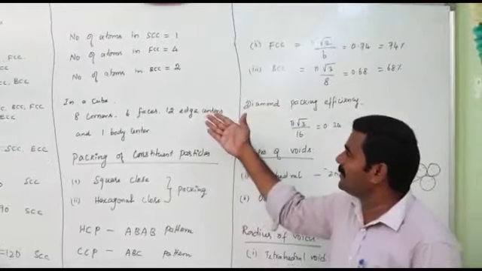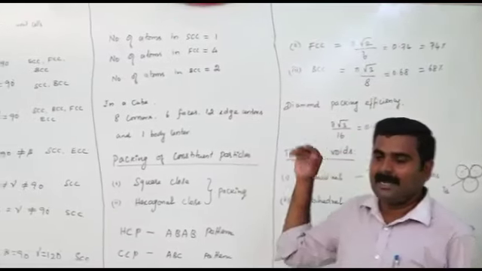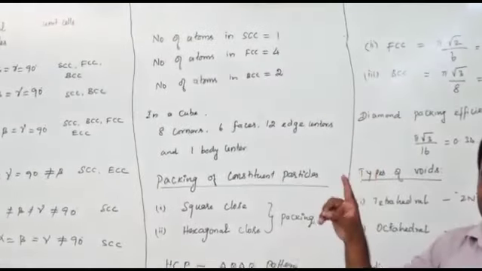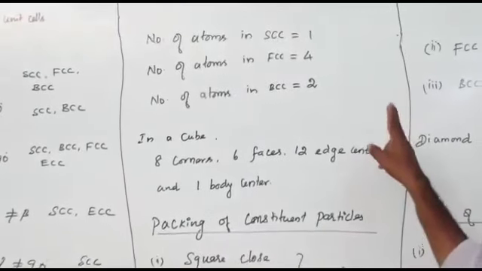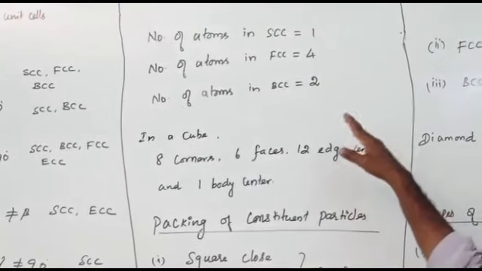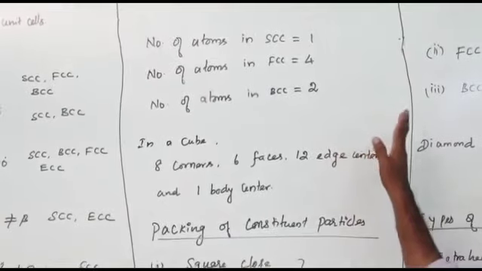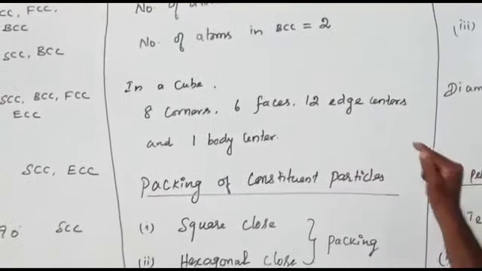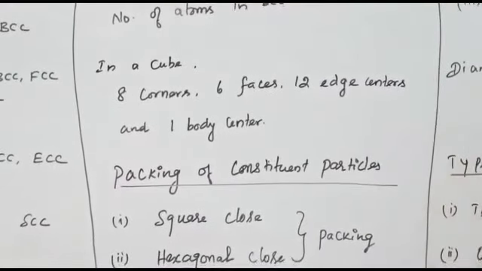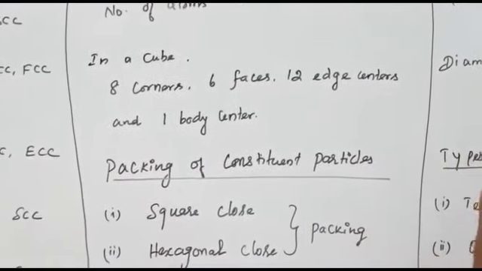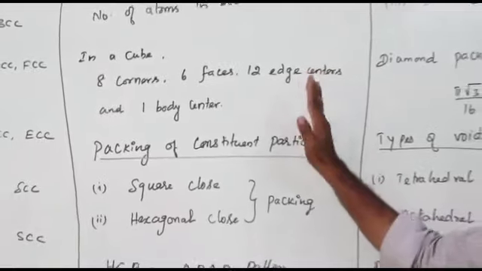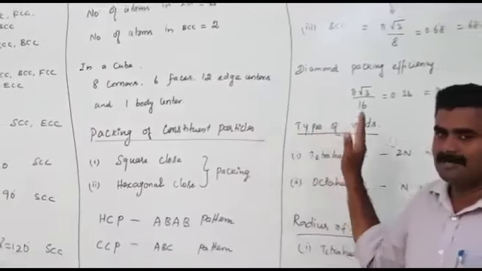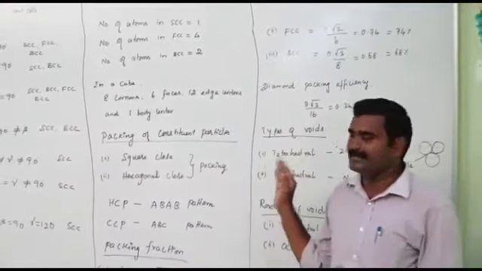Next is the number of atoms in BCC. Apart from the corners you have the center, so the total is 2 atoms. So the number of atoms: SCC 1, FCC 4, BCC 2. In a cube, there are 8 corners, 6 faces, 12 edge centers and 1 body center.